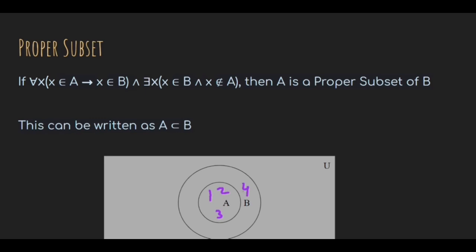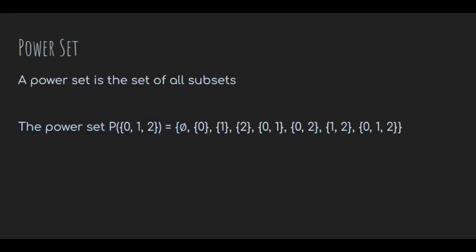So that makes A a proper subset of B, meaning they cannot be made equal sets. And that's what separates a subset from a proper subset, in that a subset can be an equal set, but a proper subset cannot. And that's basically what the Venn diagram shows. And this is how it's written. A proper subset is written without the line under it.